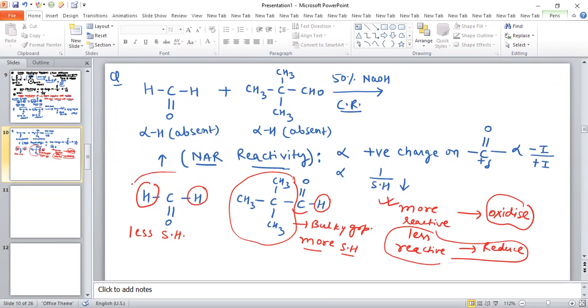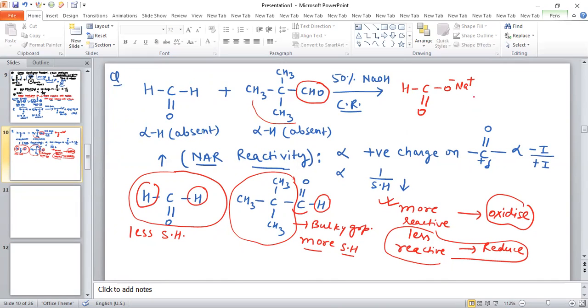So HCHO is the more reactive aldehyde because of less steric hindrance. So this will oxidize into the salt of carboxylic acid, and the other will reduce. This group will remain as it is. This aldehyde gets reduced into alcohol.